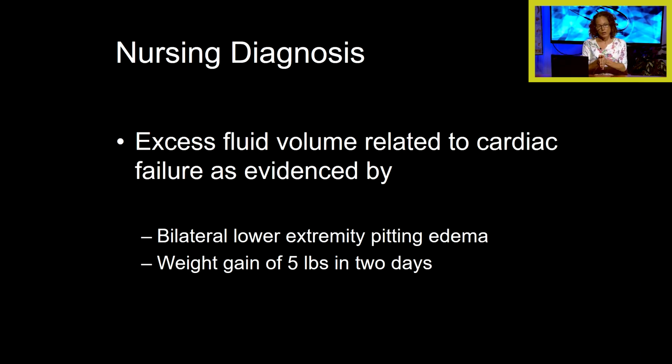So that lower extremity edema and that weight gain. And a weight gain of 5 pounds in 2 days is actually possible. Now, it's really important that we are measuring the weight the same time each day with the same scale, and the patient will have on the exact same clothing. So it's really important to get accurate weights.